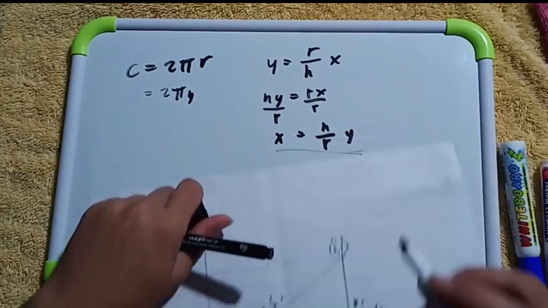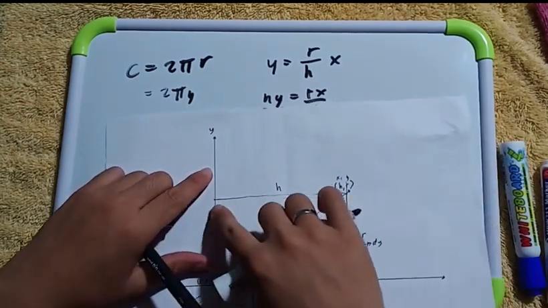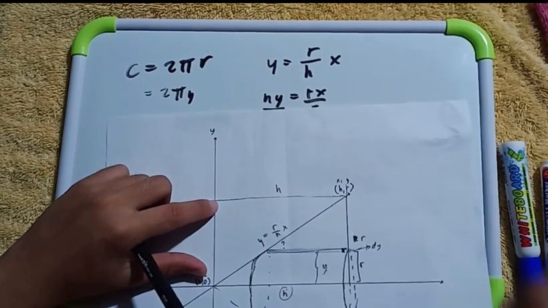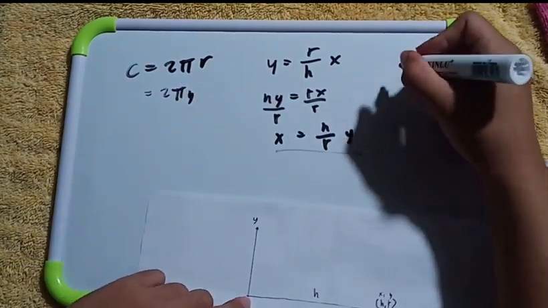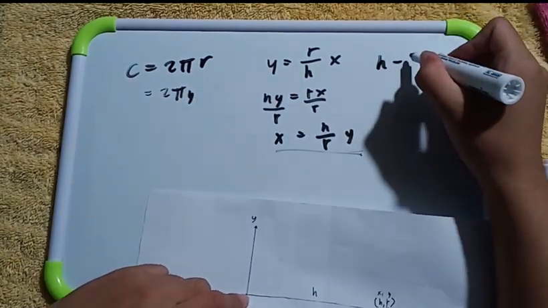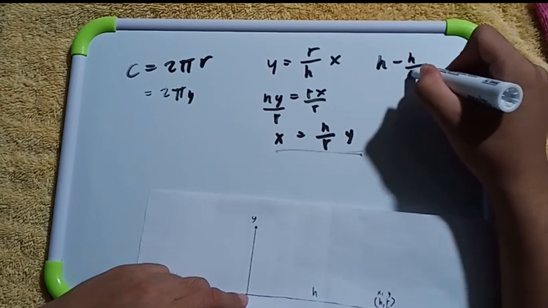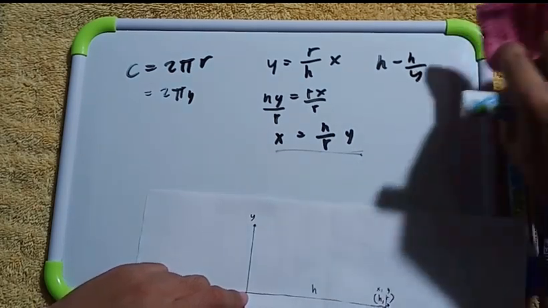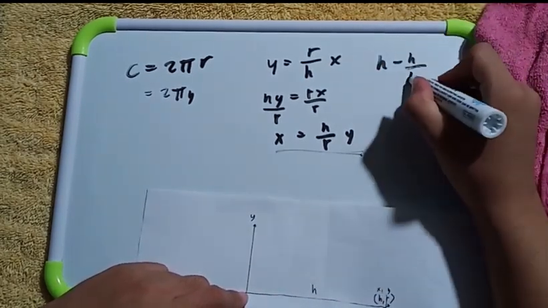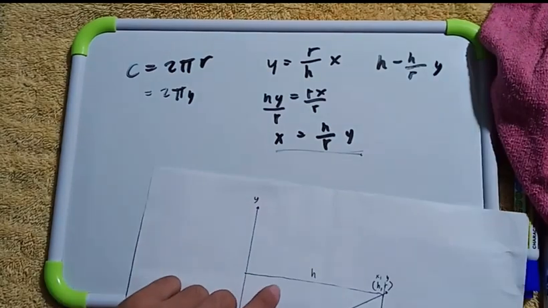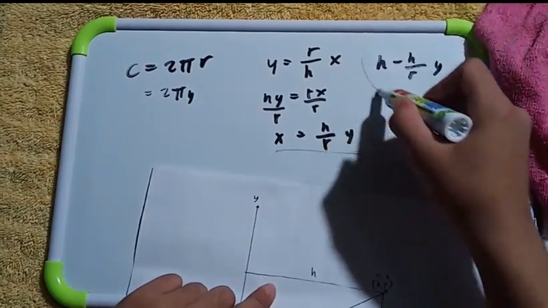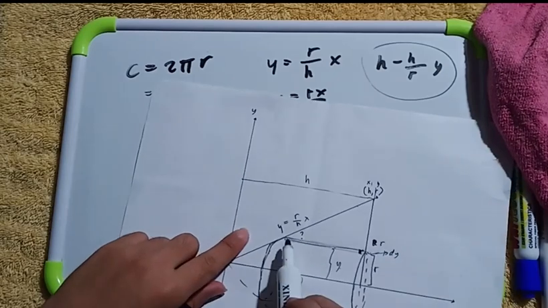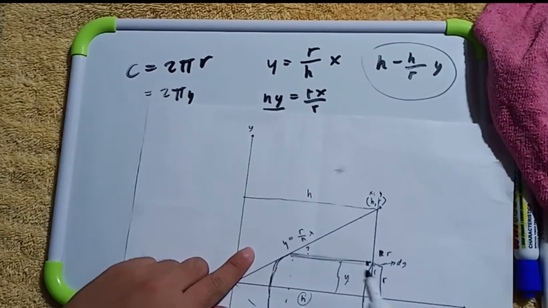I-minus na lang natin yung length na to or yung h natin. So, h minus h over r y. So, yun na yung length nito.